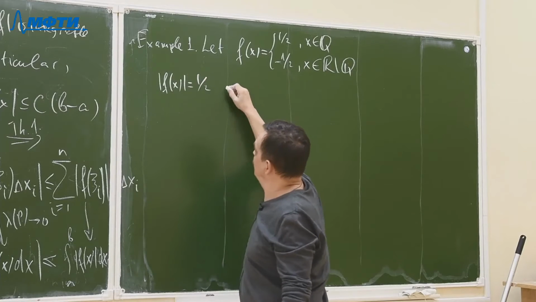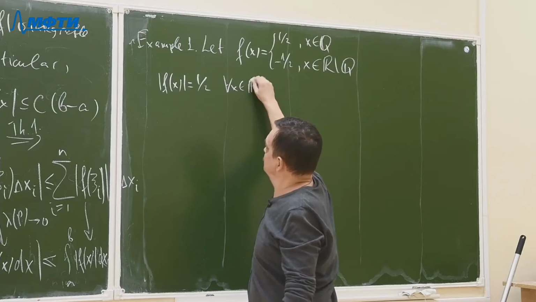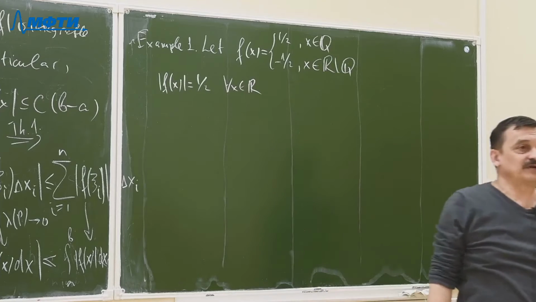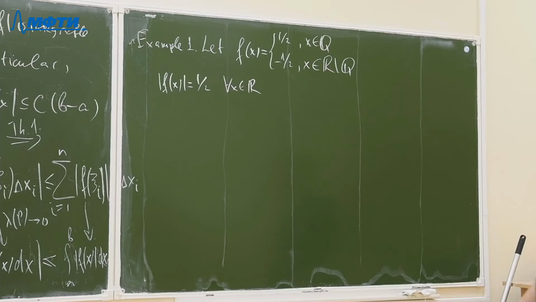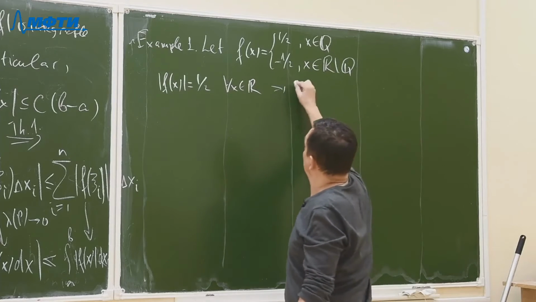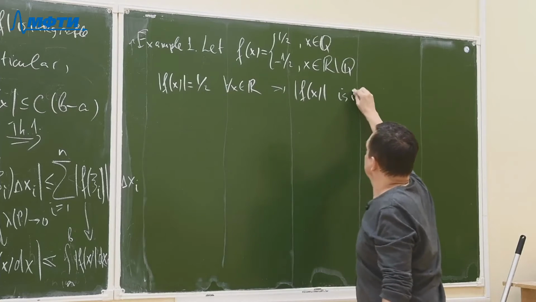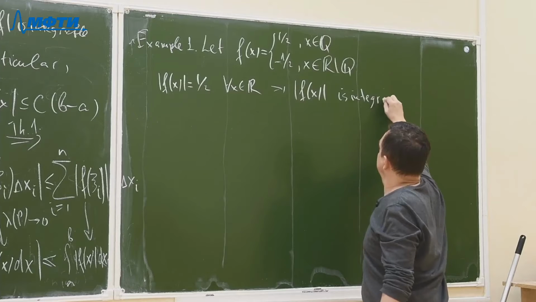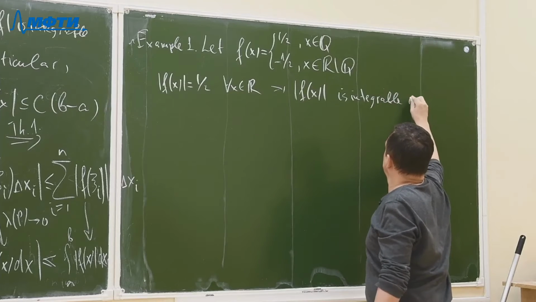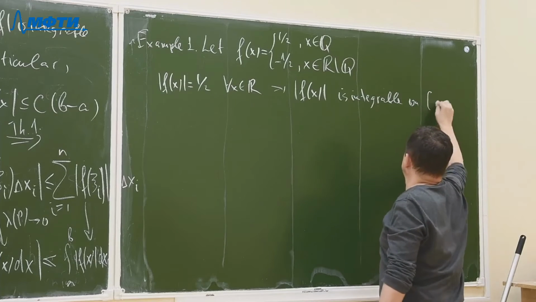It is 1/2 for all x in R, right? And it means modulus of f is integrable on an arbitrary interval AB.